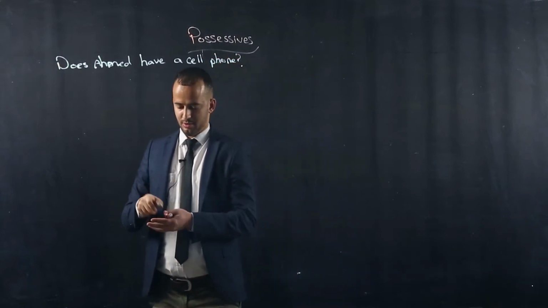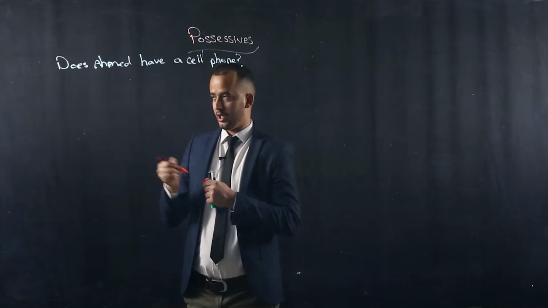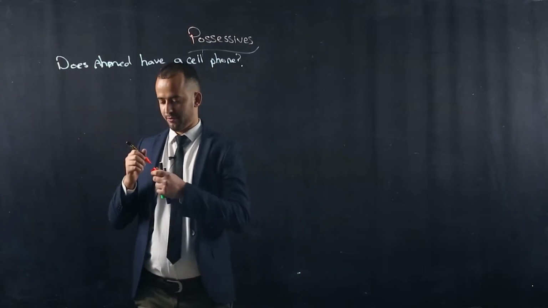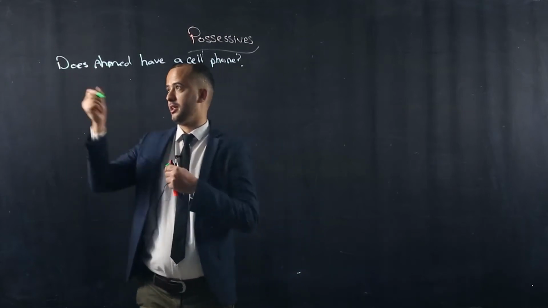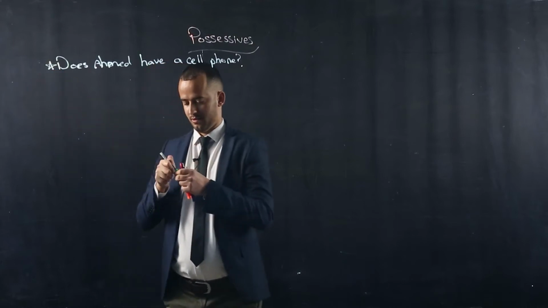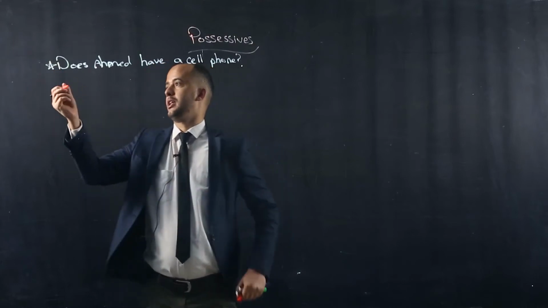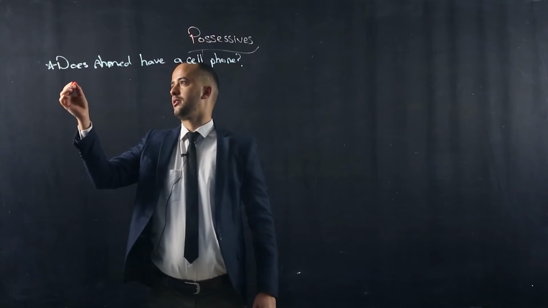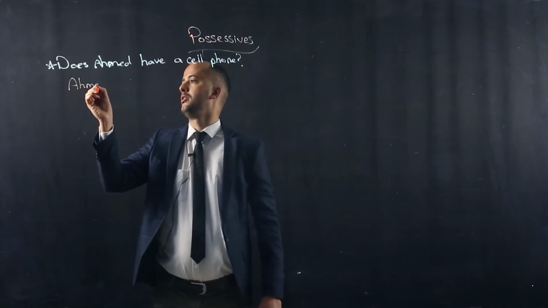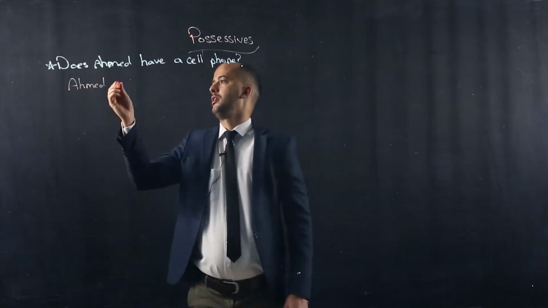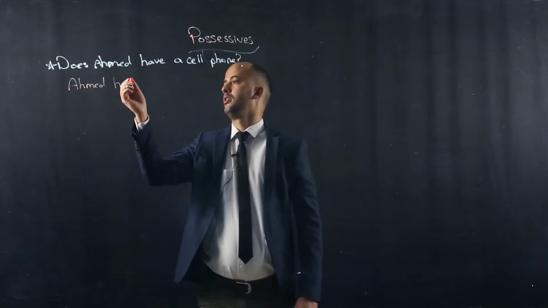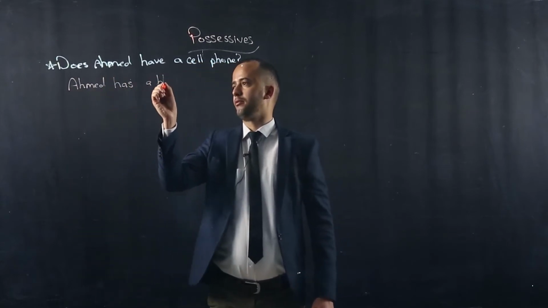Alright, so you might answer my question with two different forms. The first form is that I'm going to say yes, Ahmed has a black cell phone.